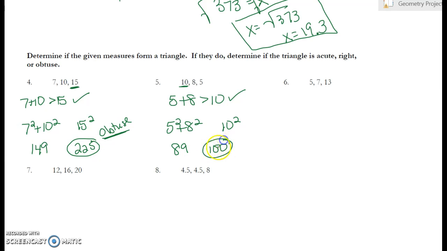This is my hypotenuse, which is also bigger than 89, so again, it's obtuse. Okay, what I'd like you to do is try number 6, 7, and 8, doing that same process. First of all, determine which one would be the hypotenuse, and see if it forms a triangle. And if it forms a triangle, then you go ahead and go on to the next part.